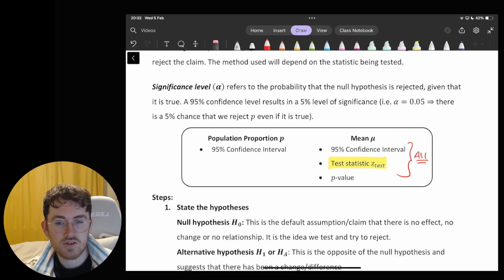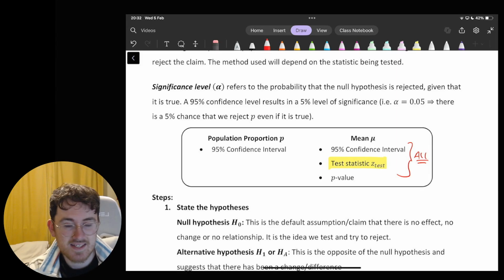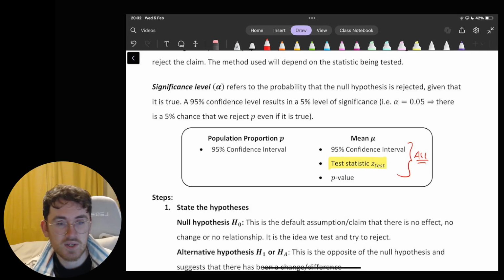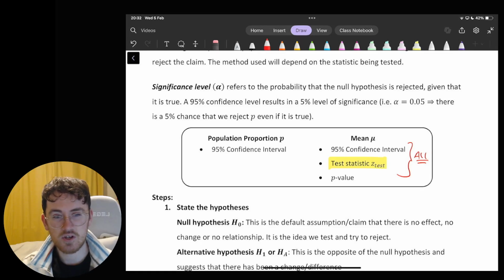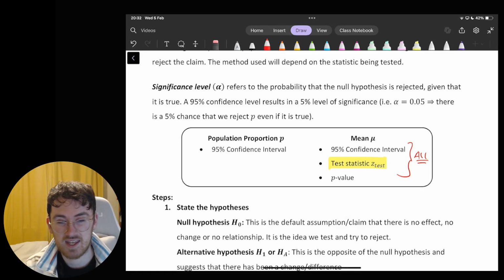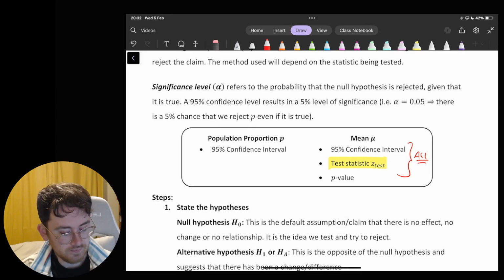They could look for a specific one. They could ask you to do one and then do another. P-value, for example, could be requested. Test statistic could be mentioned. So you need to know how to do all 3. But confidence intervals, you need to know how to do anyway. Test statistics, you need to know how to do anyway. So I suppose the only new one to learn here is just the p-value. And again, there's not an awful lot to it.